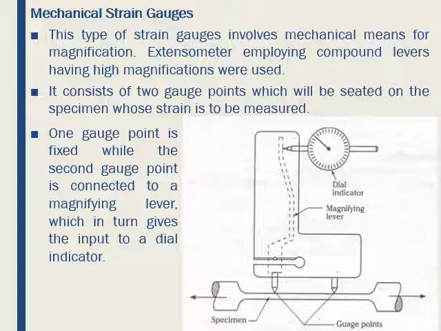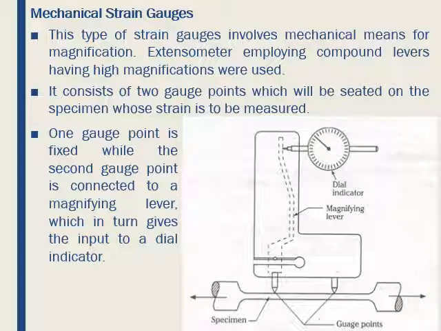So here the gauge points or the plunger points which are placed over the specimen are the input devices. A magnifying mechanical lever magnifies the strain, or the dimensional change which occurs over the gauge length of a specimen. So here the magnification is achieved by mechanical means.